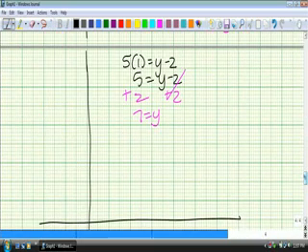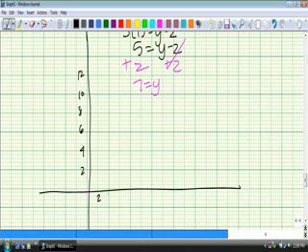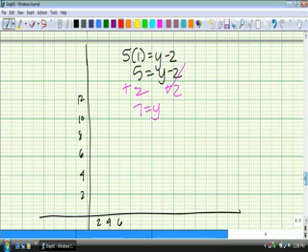My vertical axis is not going to go all the way up to 12 if I count by 1, so I'm going to count by 2's here, and by 2's on my x-axis too. My first point was (2, 12), my second point was (0, 2), and my third point was (1, 7).